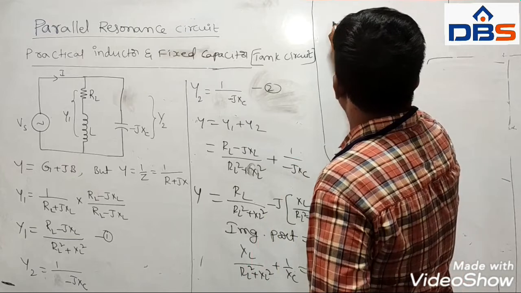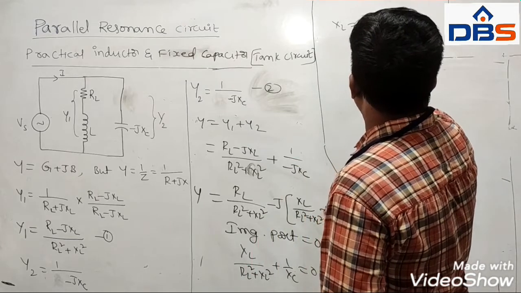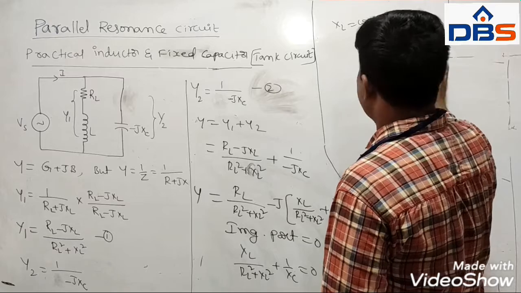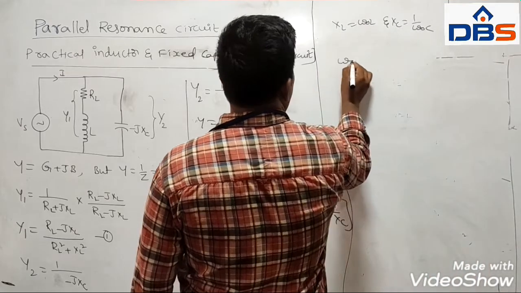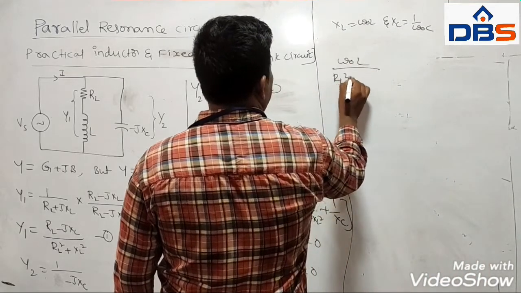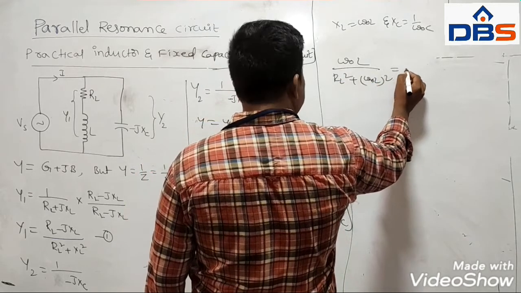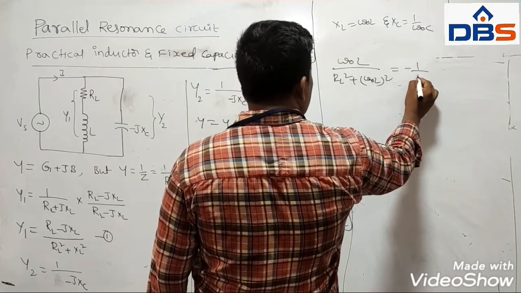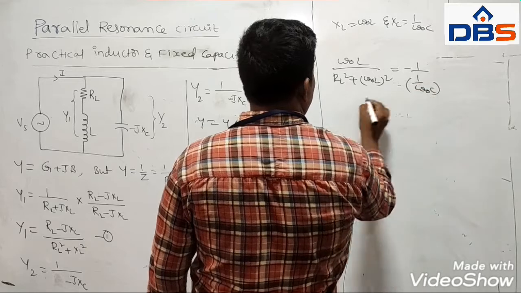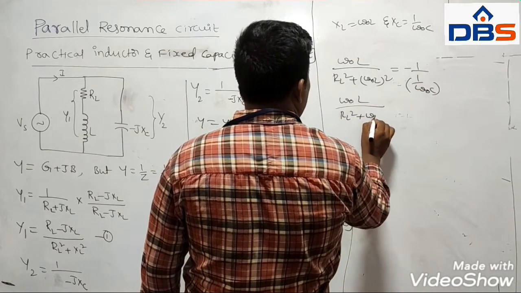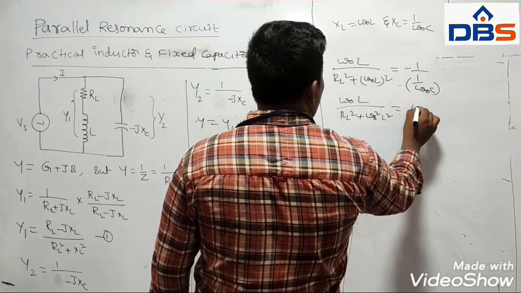Now put XL equal to omega naught L and XC equal to 1 by omega naught C in the above equation. So omega naught L by (RL square plus omega naught square L square) equals minus 1 by (omega naught C). So omega naught L times C equals ... (RL square plus omega naught square L square) over omega naught.